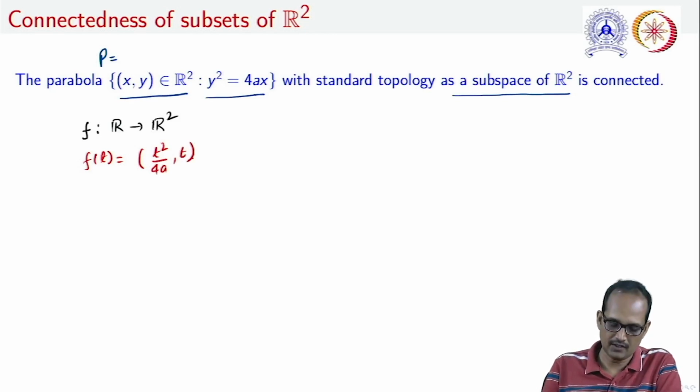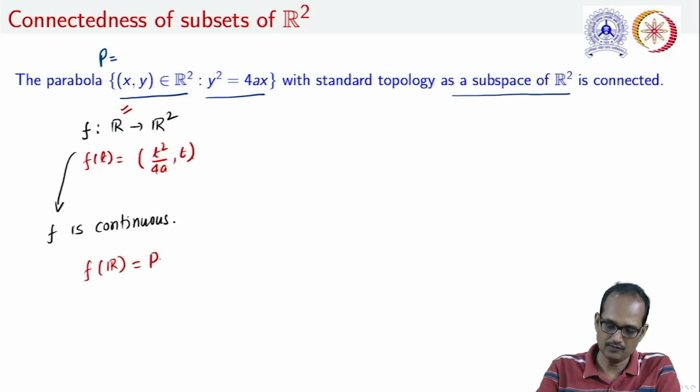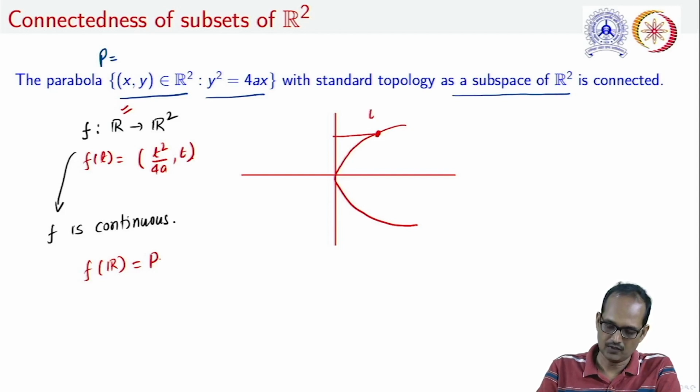Just like the previous case, we can conclude that this function f is continuous. Also, what is the image of this R? That is f of R, which is nothing but the parabola, and it can be seen from here too that if we are taking the parabola y square is equal to 4ax, every point on this parabola can be given as (t square upon 4a, t).